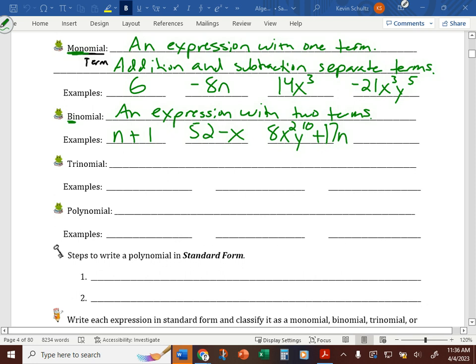Or how about something like this? What if we had 3x squared plus 12x? 3x squared and 12x, can those be combined with addition? Yeah. They can't be, actually. Why not? Why are they not like terms?